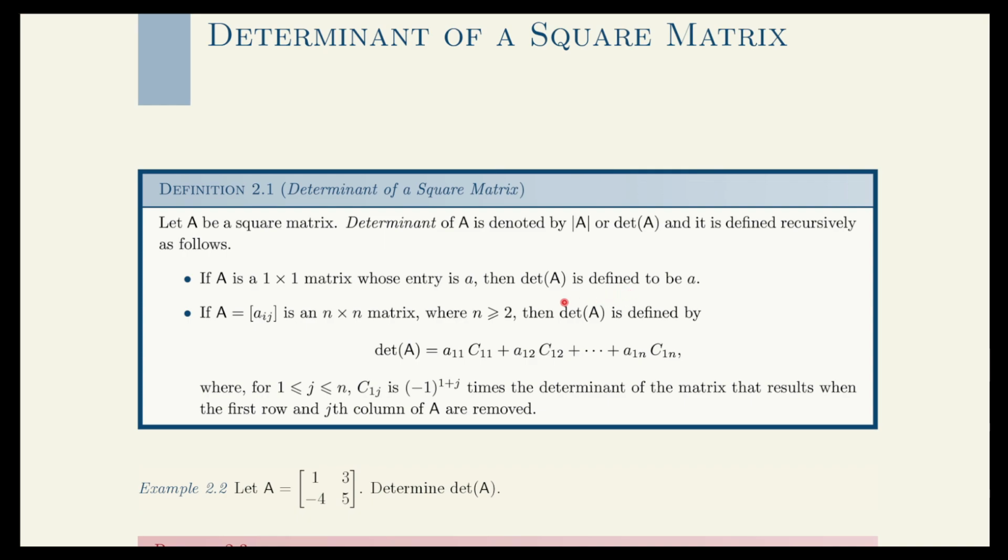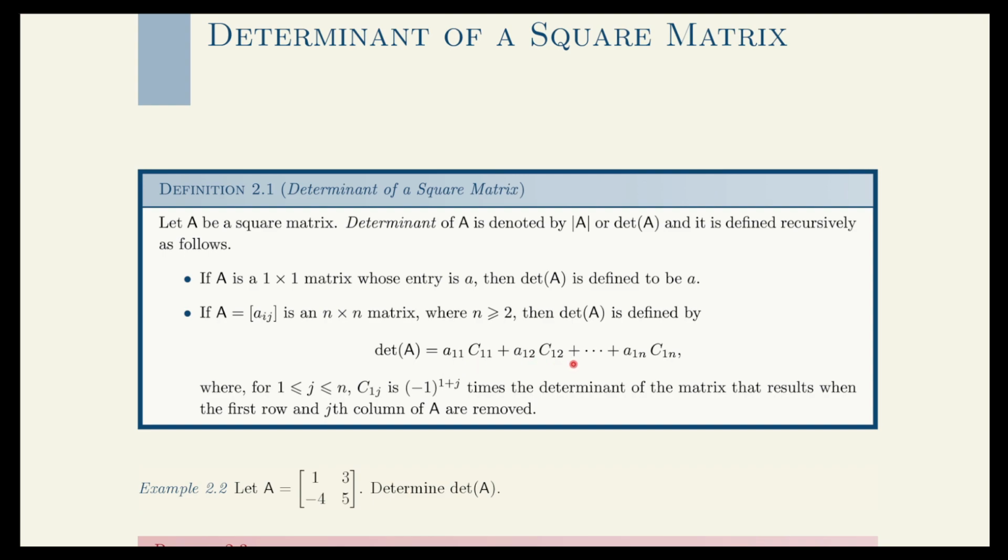a itself. Okay? But if A is an n by n matrix where n is greater than or equal to 2, then the determinant of A is defined by this definition: a11, which means the entry of matrix A sitting on the first row and on the first column, multiplied by C11, which I will define shortly, plus a12 multiplied by C12, and plus up to a1n multiplied by C1n.